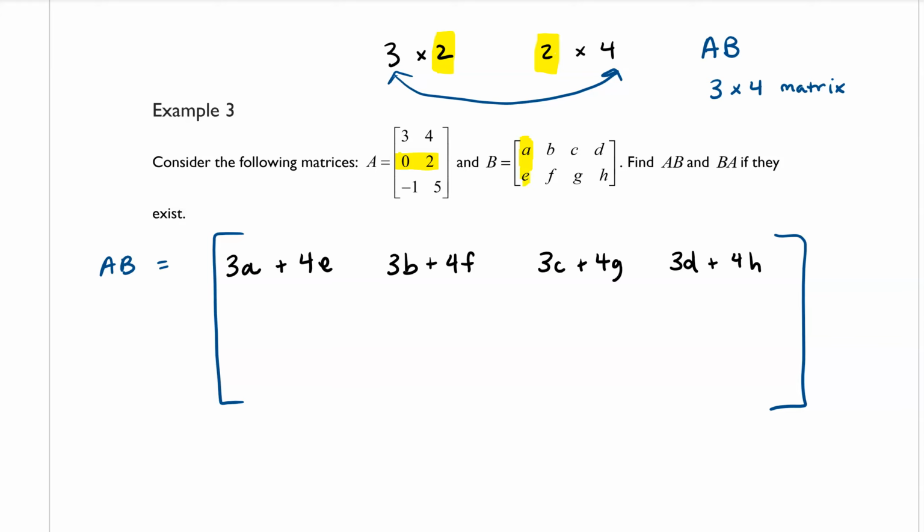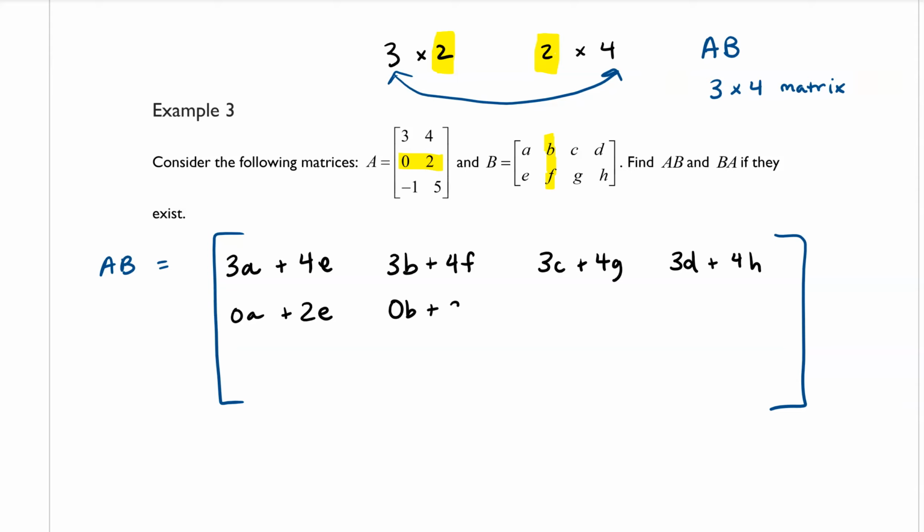And then if we want to get the second row, second column value, we would use the second row in matrix A and the second column in matrix B, and then we would multiply those, so that'd be 0B plus 2F.